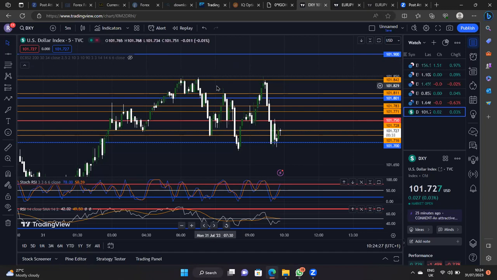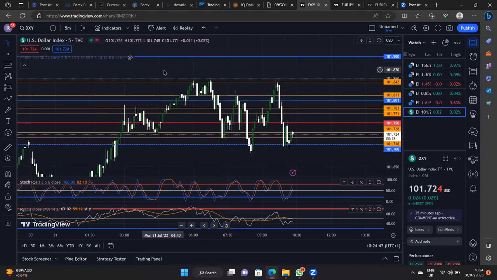Okay, now basically I respect zones where price fluctuated and got to those areas. Let me put it this way: areas where price is touching for the first time.